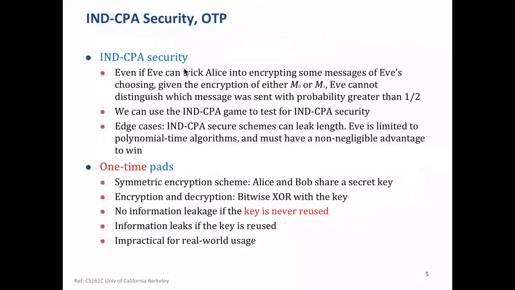Then we have studied the one-time pad and IND-CPA security, and we know that the one-time pad, because it changes keys every time, is IND-CPA secure. But that's not really a practical system, because you cannot generate new keys every time.